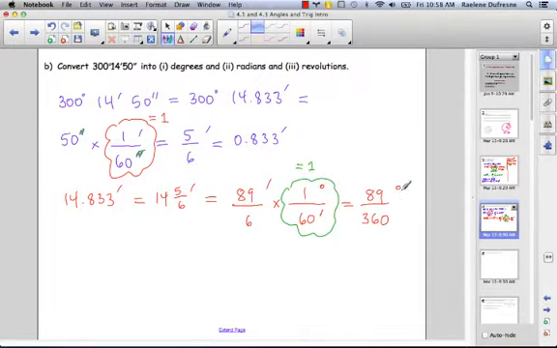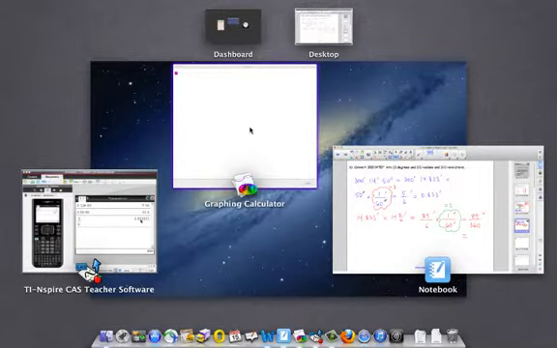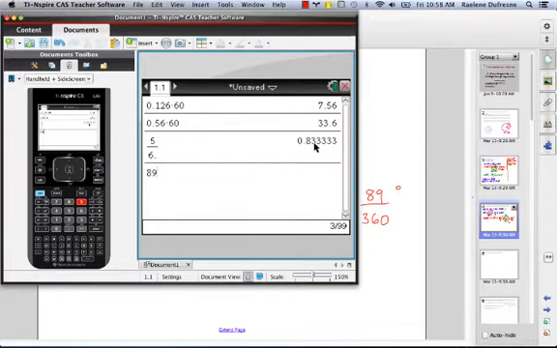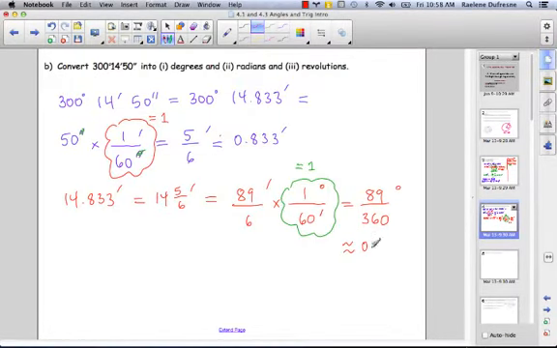And so we have this fraction we can convert to a decimal. 89 divided by 360 as a decimal is 0.24722. So let's take the first 3 digits. 0.247 degrees. And therefore we can take the minute part and convert that into degrees.